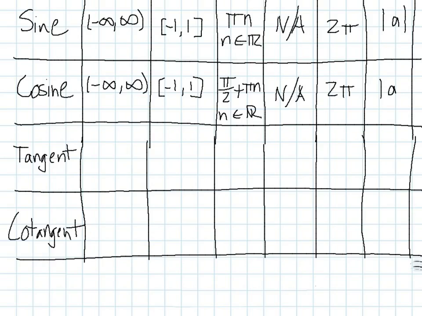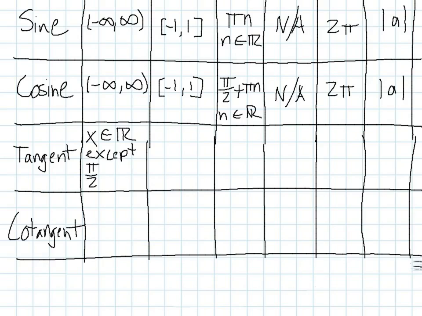So all real numbers x, except, remember there's asymptotes for this one, so you're going to have every pi over 2 that happens, or half pi.